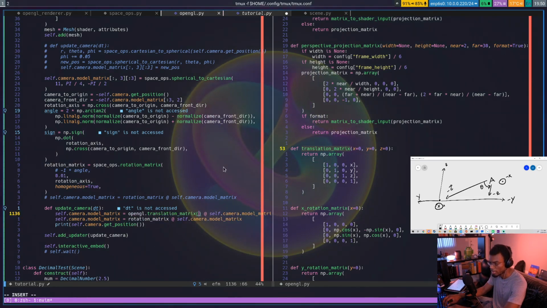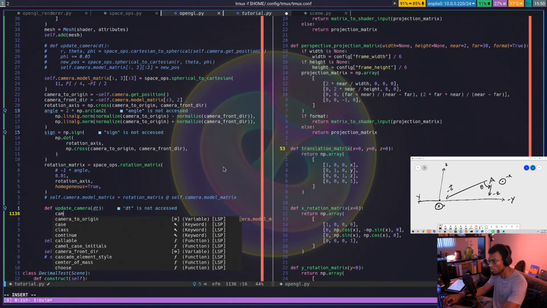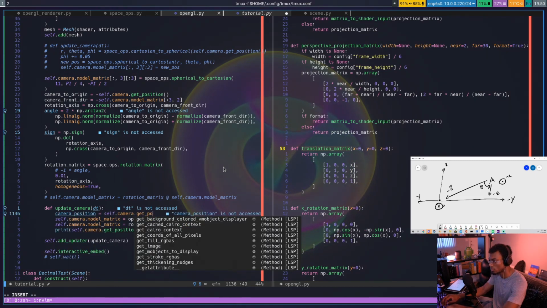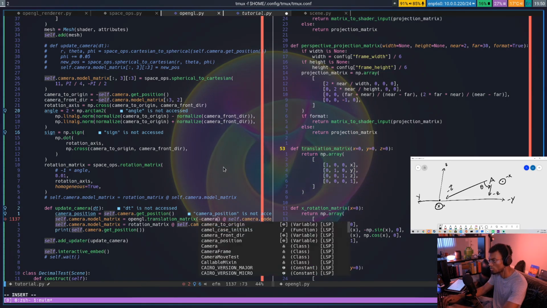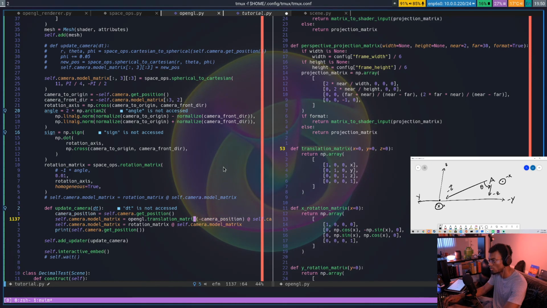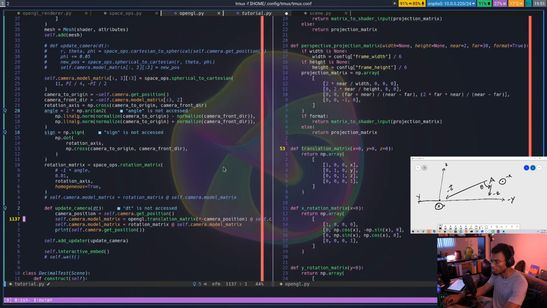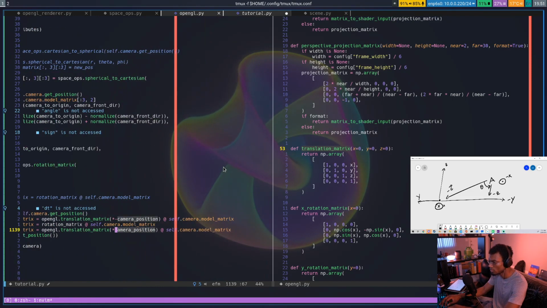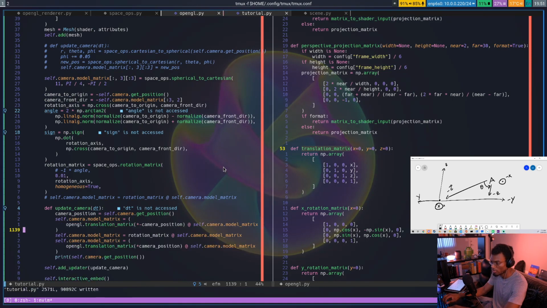I want the negative of the camera's position. And hopefully I can star that. Then rotate it and then bring it back. Hopefully.